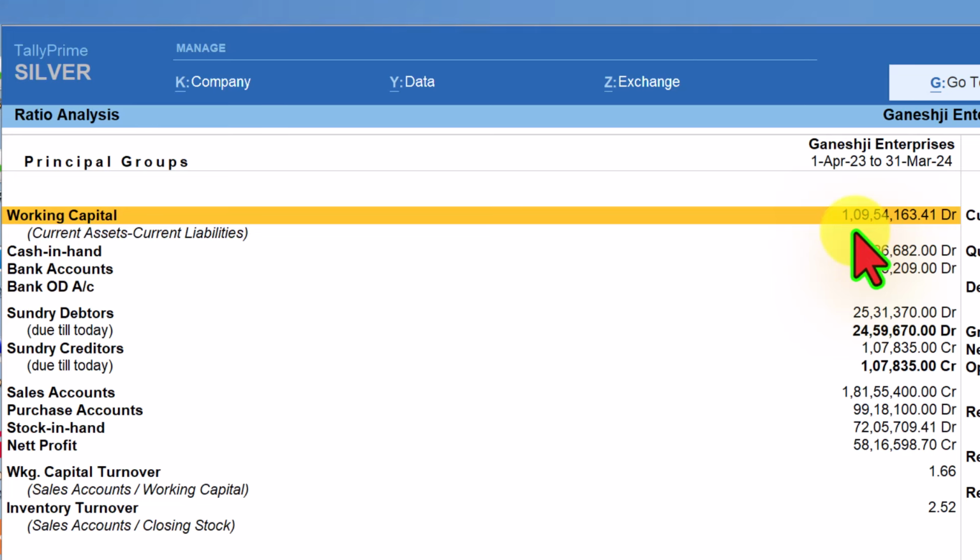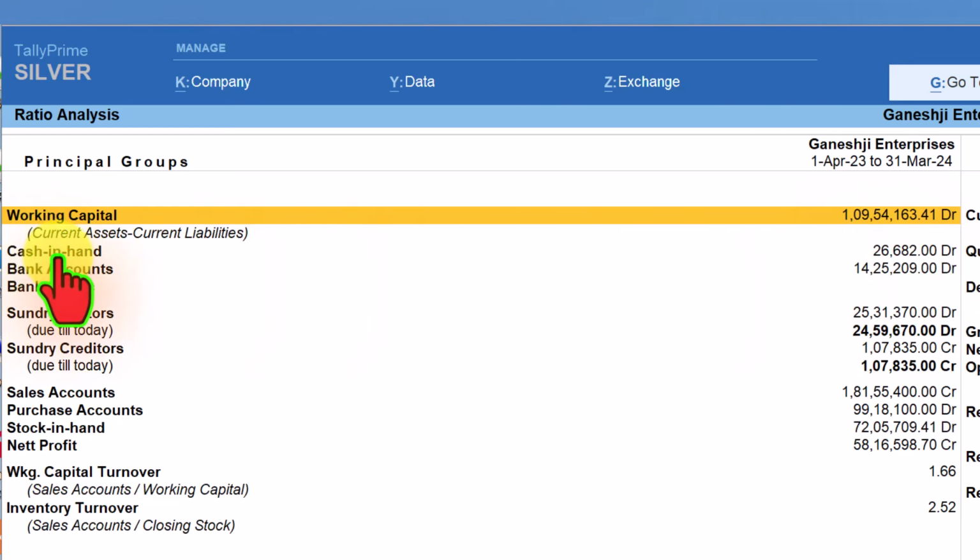This is the money which can be quickly converted into the most liquid form, which is cash. Cash is the physical cash and also money in the bank. The indication here is that the company has a working capital of 1 crore plus which can be deployed into the business operation, which is a healthy environment for this company.